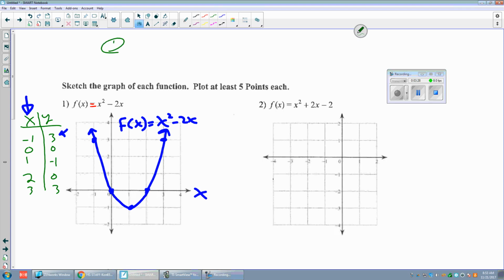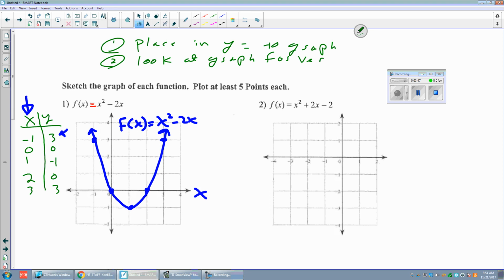Number 1, place in y equals to graph. Number 2, look at graph for vertex. Remember, that's the vertex right there where it changes direction.